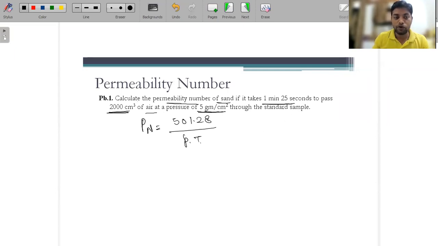Here the volume that is given to you, the last formula that we calculated, 501, is based on 2000 centimeter cube of air passed through. The pressure is given, 5 gram per centimeter square, and the time is given, 1 minute and 25 seconds.